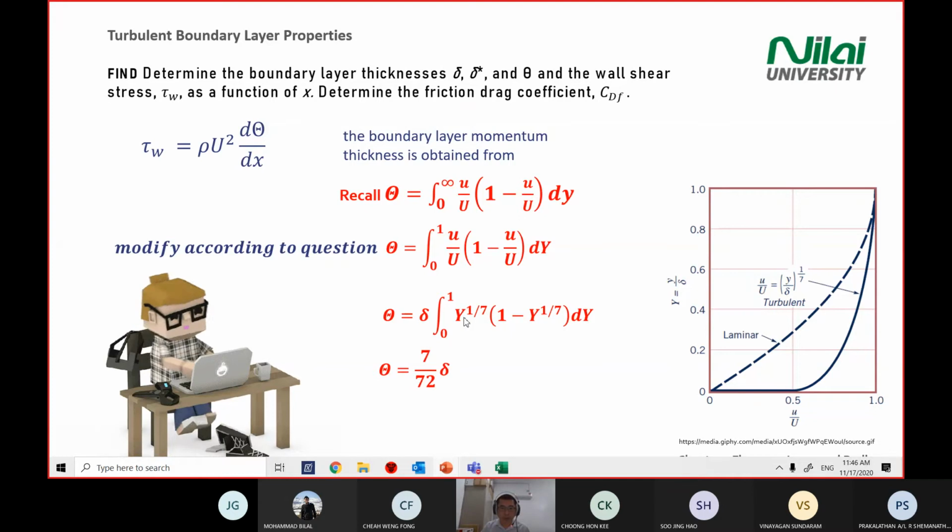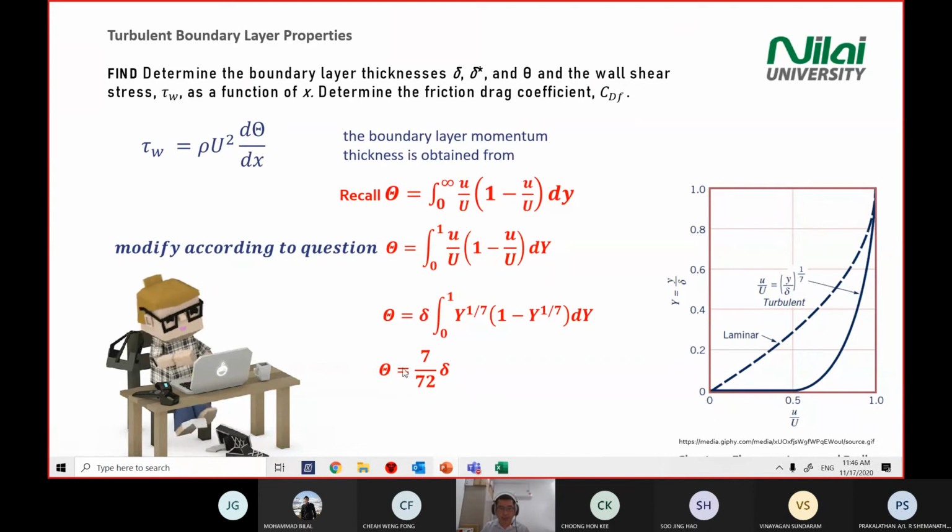So if you do the calculation, substituting 0 to 1 in the equation here, you no longer see y, you only have a constant value, 7 divided by 72 times the thickness. You can do the detailed calculation later on. Try to understand the steps, what we're trying to do. In this case, we simplify our momentum thickness equation to a linear equation, y equal to mx plus c.